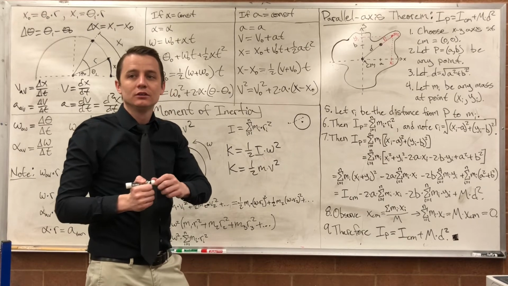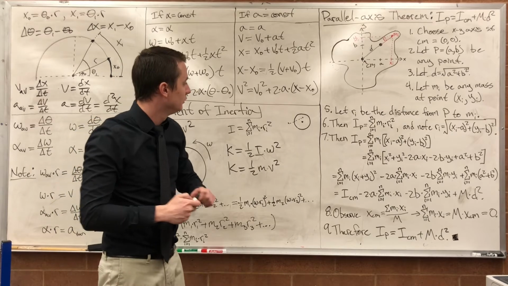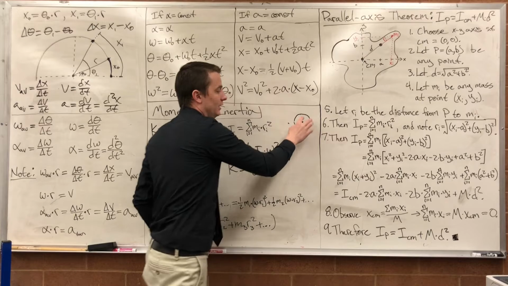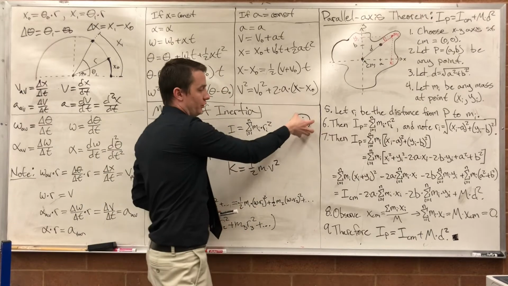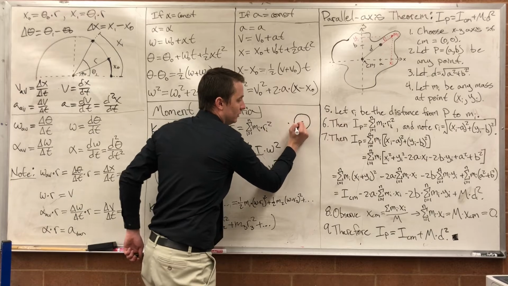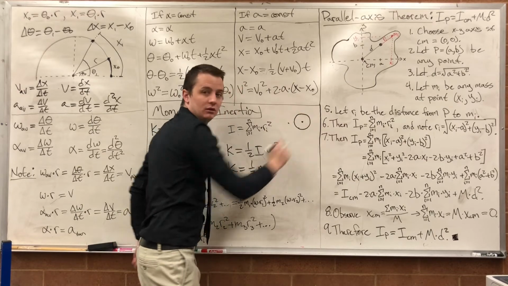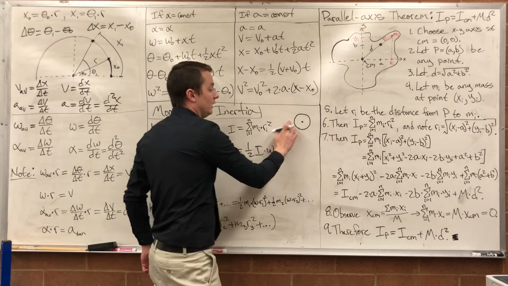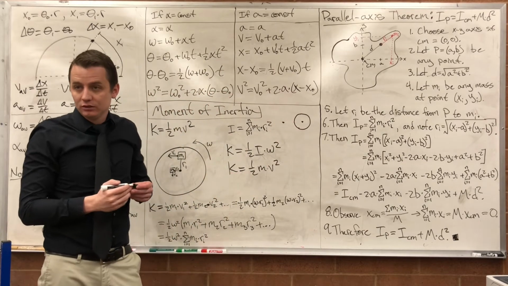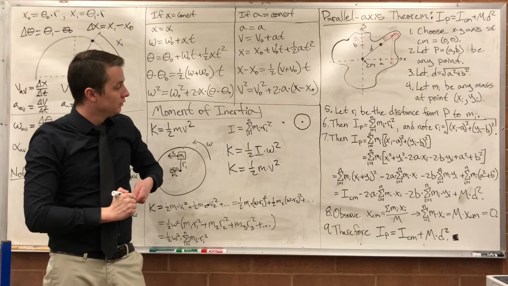Wait, so you're saying it's not just multiplying the radius of the thing outside of the cylinder? I'm saying that calculating the moment of inertia for a cylinder rotating around its center, since everything's nice and centered, the integral is going to be nice and easy. If we were to try and do it rotating around a point like this, that gets a lot uglier. How does it get ugly?